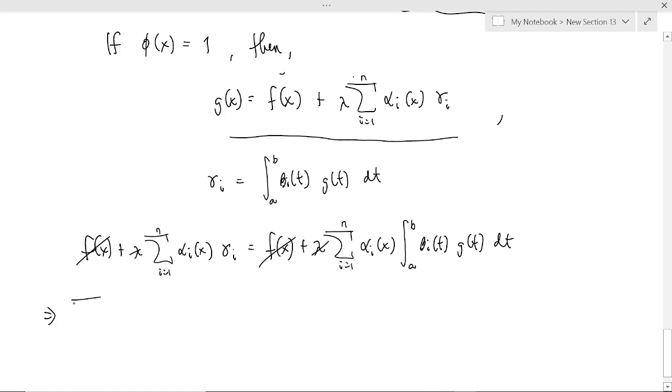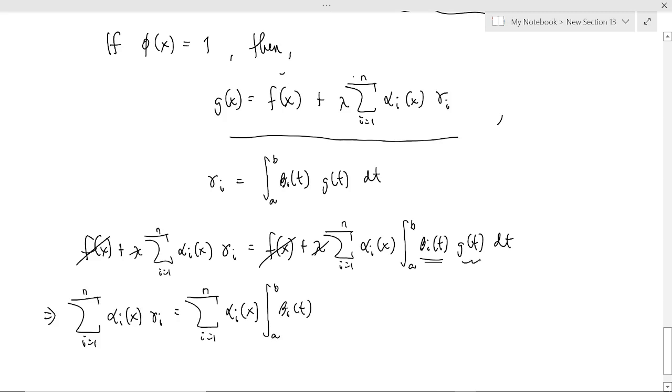So we have the sum of alpha i of x gamma i, from 1 to n, and this is equal to the sum, what's left on the right-hand side, which is alpha i as a function of x, from 1 to n, and we have the integral of beta i of t, again evaluated from a to b.